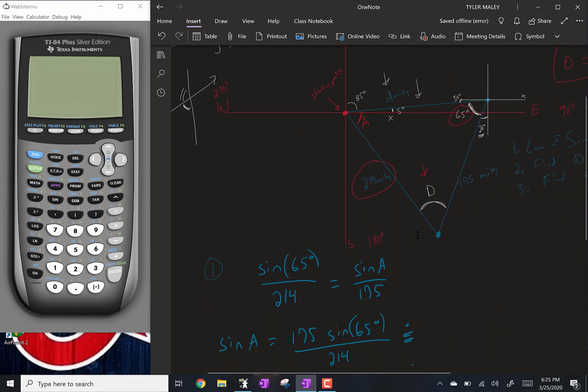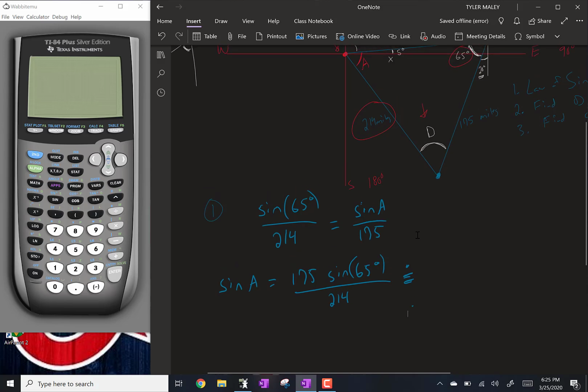There. So we want to take 175 times, oh, let me check my mode. So we're in degrees, so good. So 175 times sine of 65 divided by 214, right?